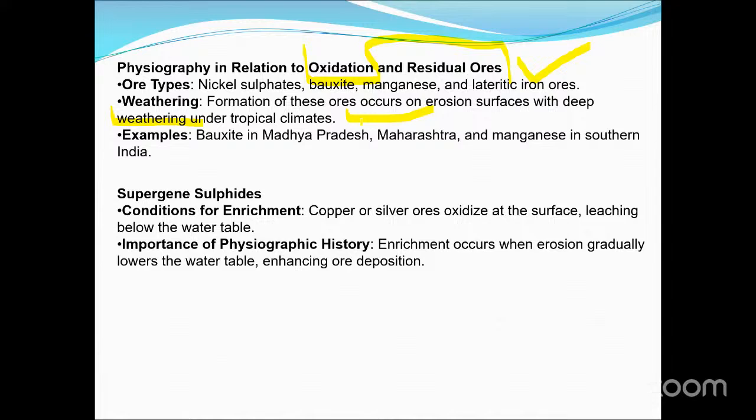The best examples are bauxite in Madhya Pradesh and Maharashtra, and manganese in southern India. These are the best examples of oxidation and residual ore deposits. How they form, where they form, and the examples, we have discussed here.